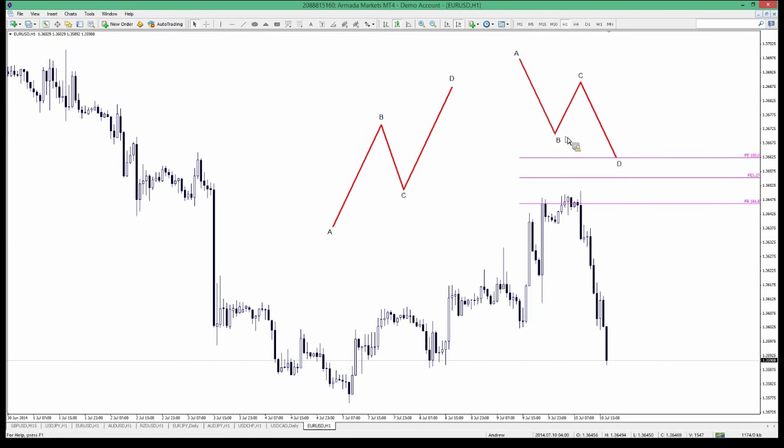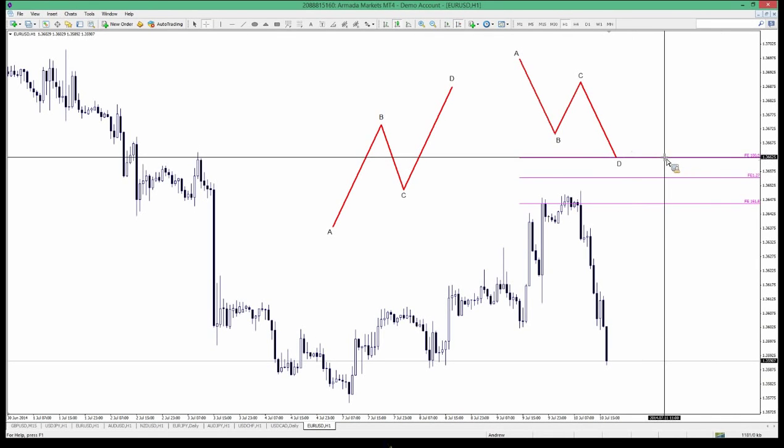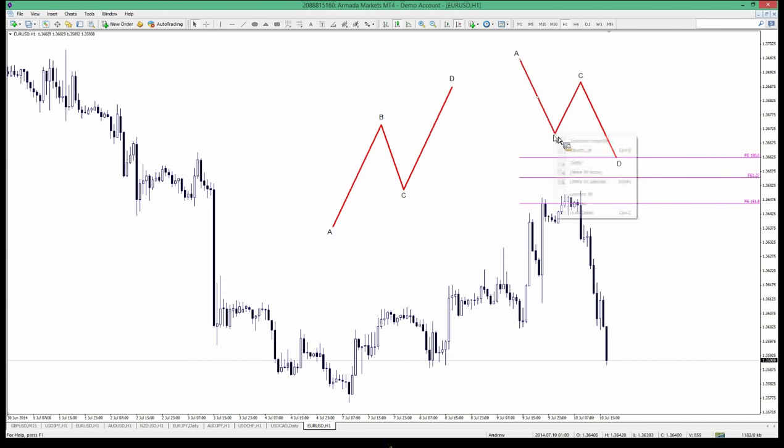So what I would suggest is, if you're going to use this, and it works extremely well by the way, if you're going to use it as a take profit point, just use it like this. If we're going to use it as entry, we need a few more points. So let's look at it on the chart as take profits. We can look at some points on the chart here.